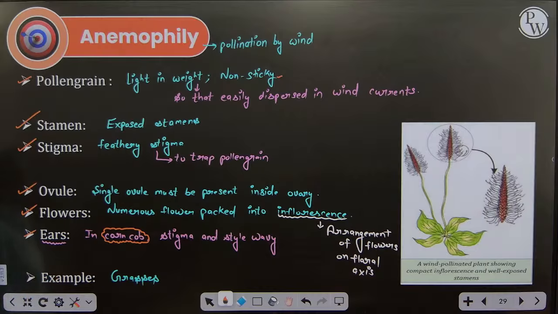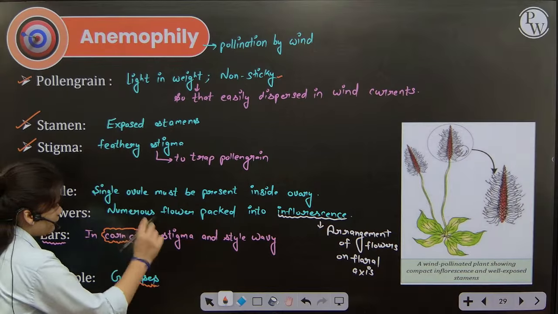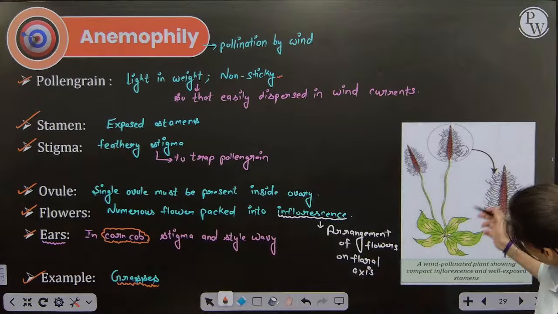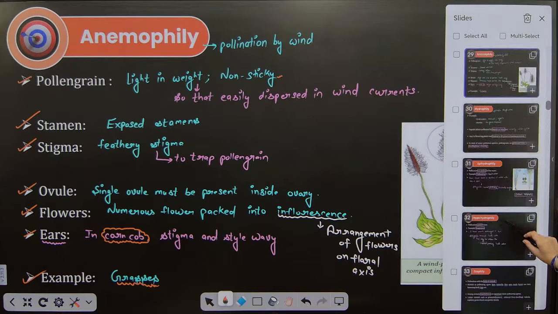Another example of anemophily is grasses. Here the picture shows compact inflorescence and well exposed stamens in the case of wind pollinated flowers.